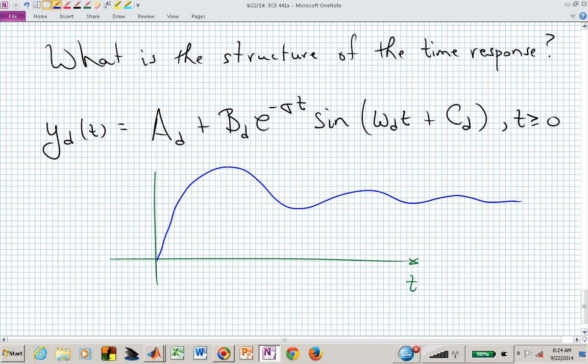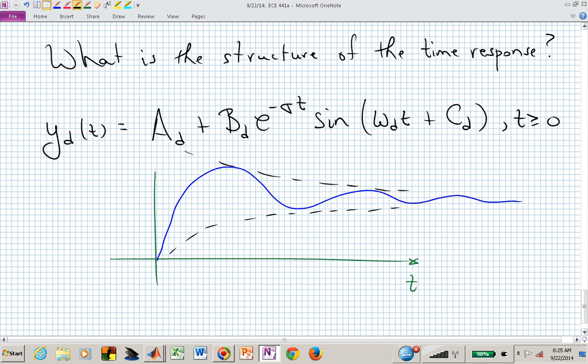And how fast is it collapsing? That you could sort of envision this collapsing down, that's influenced by what parameter? E to the minus sigma t.